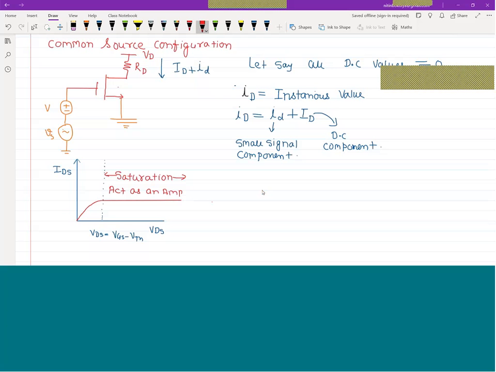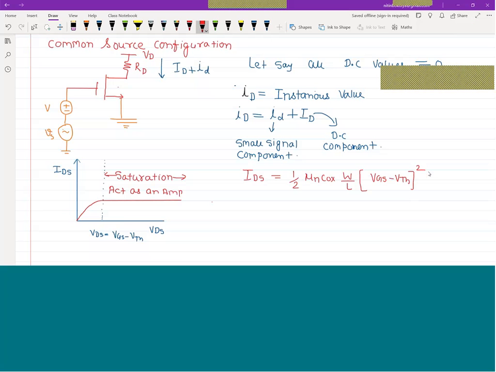So we know what the current in saturation region is. The current in saturation region is IDS equal to 1 by 2 mu n COX into W by L into (VGS minus VTH) whole square.